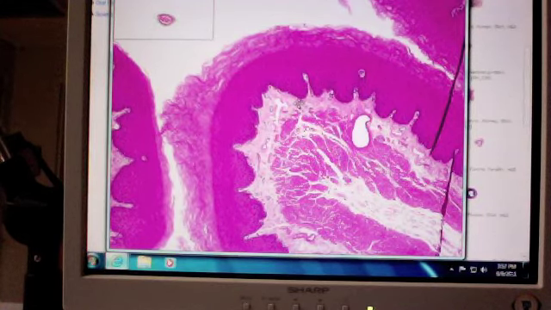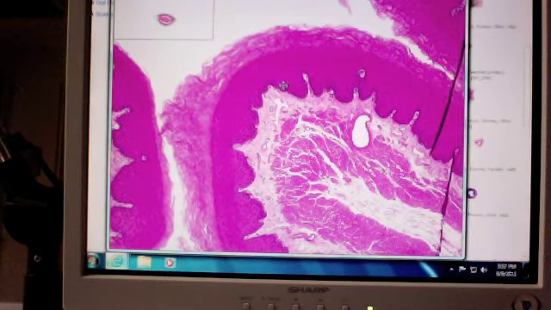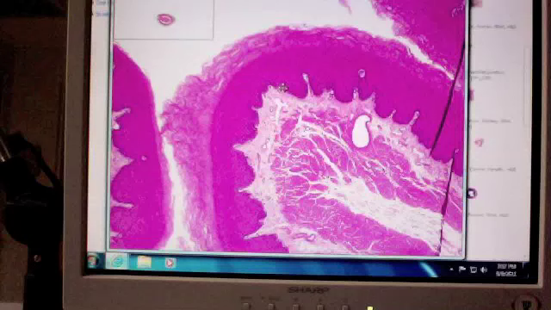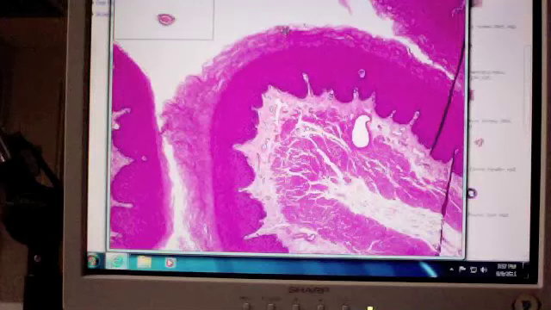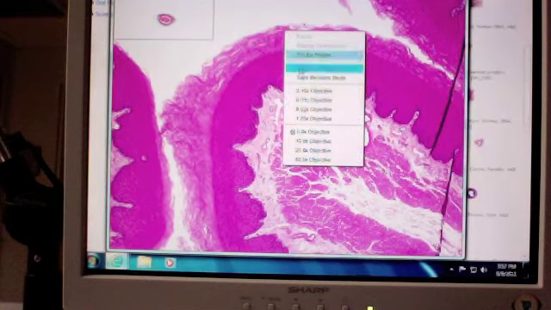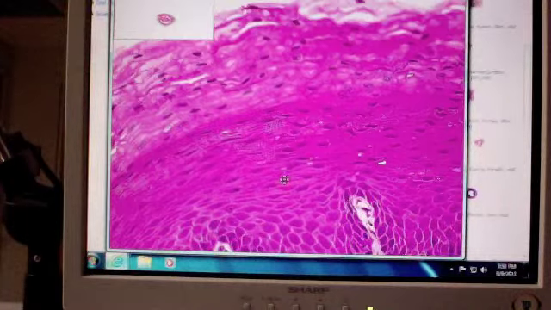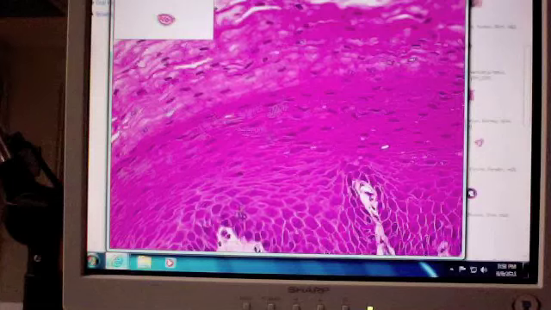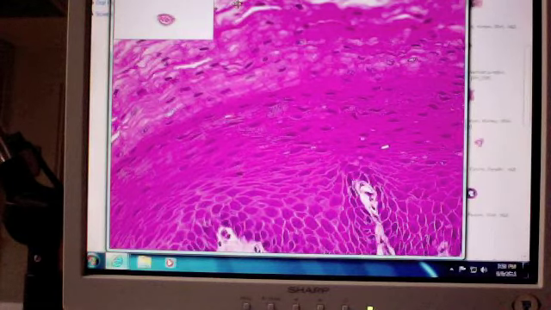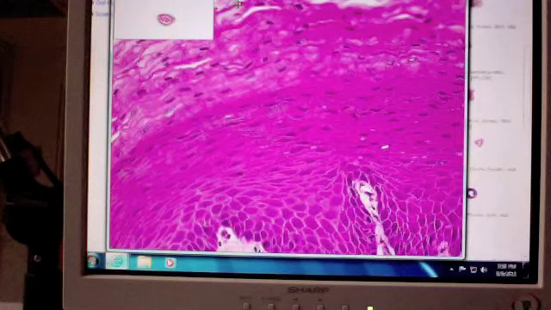So, to be able to know that that's the basement membrane, what you need to know then is that this stuff sitting on top of it, from the bottom of the arrow here, all the way to the surface here, and we're going to take this up to higher power, is, name this epithelium. Stratified squamous. All right, hold on.